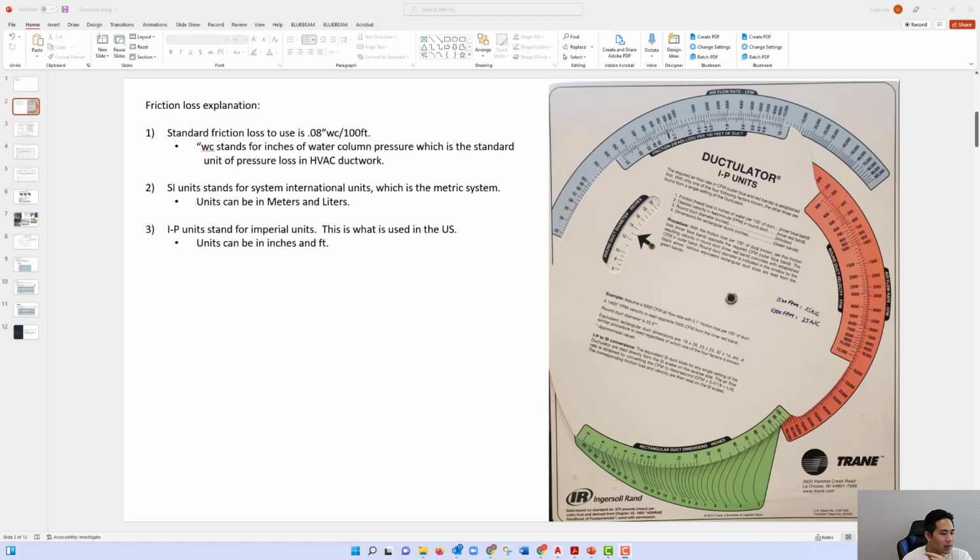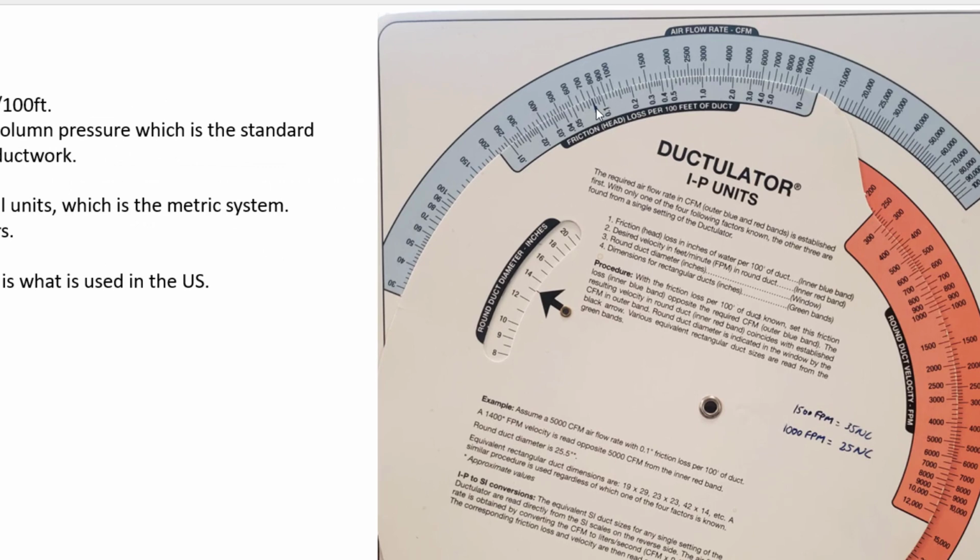When designing the HVAC system ductwork, the standard friction loss that we use is the 0.08 inch water column per 100 feet of duct, which is represented by this line right here in between the 0.05 and the 0.1. This is 0.08 inches of water column per 100 feet.